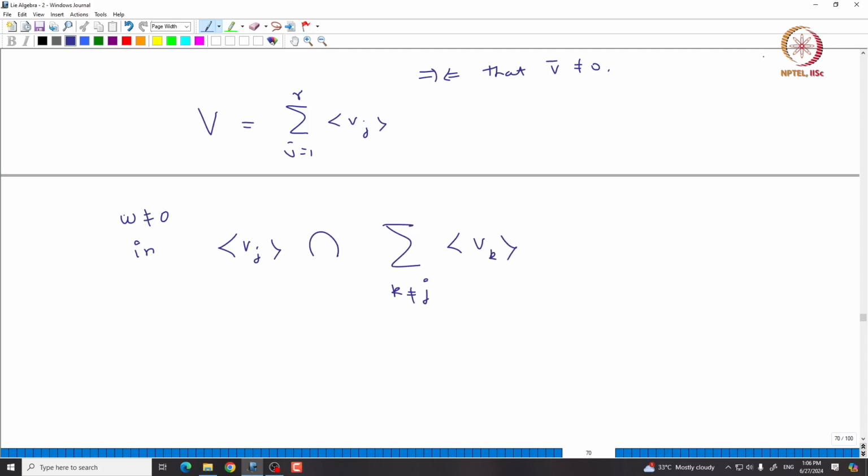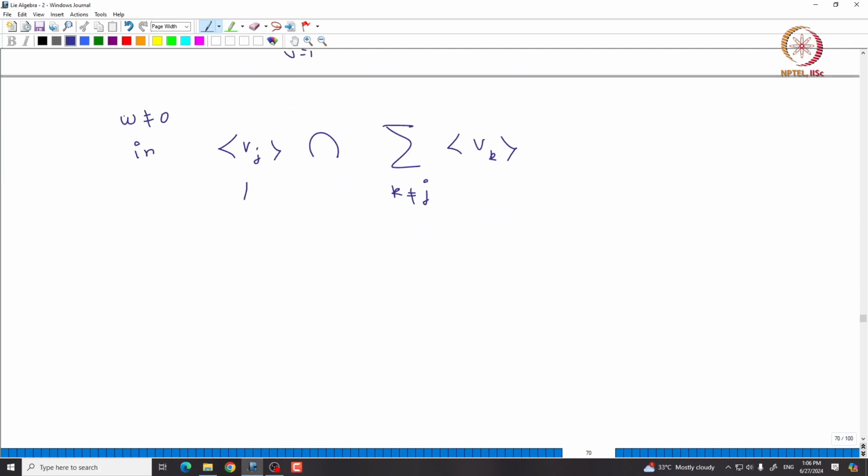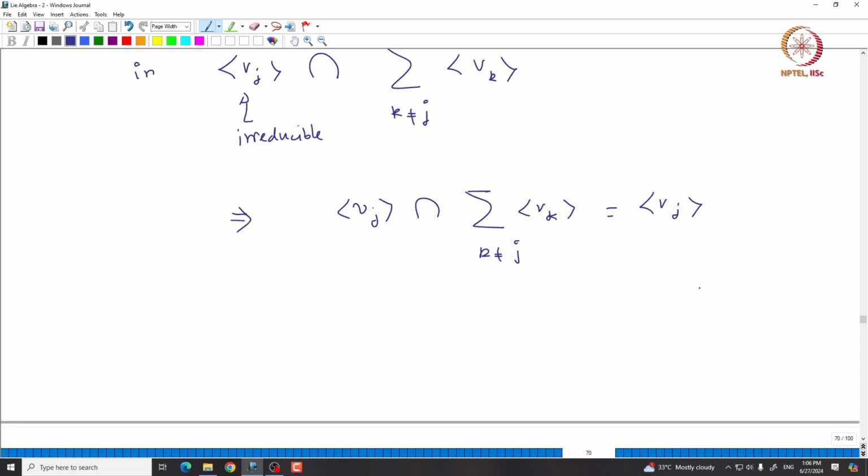Okay. So, then what will happen, this being irreducible, this forces that the intersection is the entire module Vj. Okay. So, this is forced.